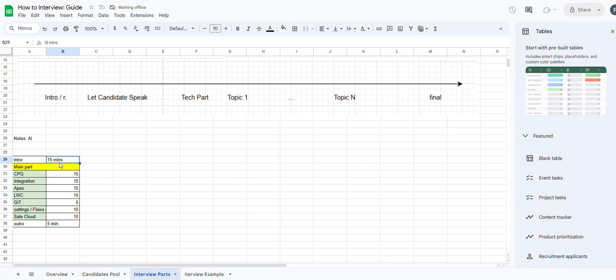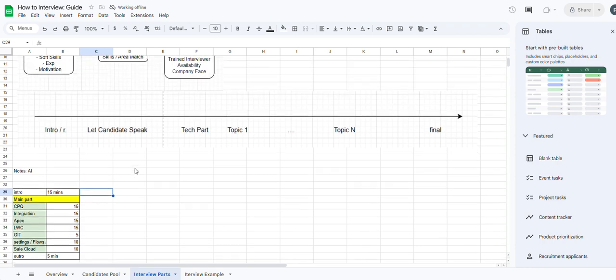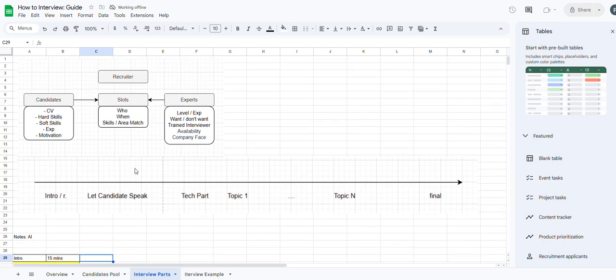And also, as you could see, I included here a note about intro and about outro, right? To make sure that we also have time for this, because we could not just do the topics and then say, "Thank you, bye bye." That's not how it should be, right? It should be done in a good manner, and it also gives potential candidates confidence that the company is doing its interviews professionally.